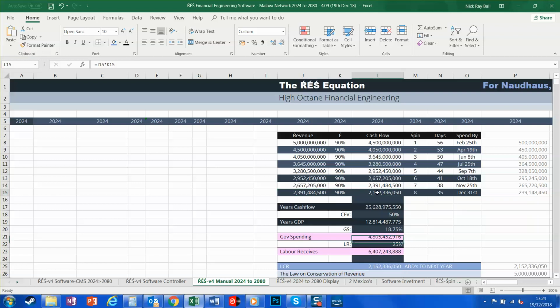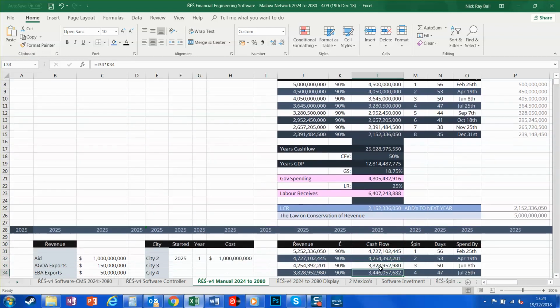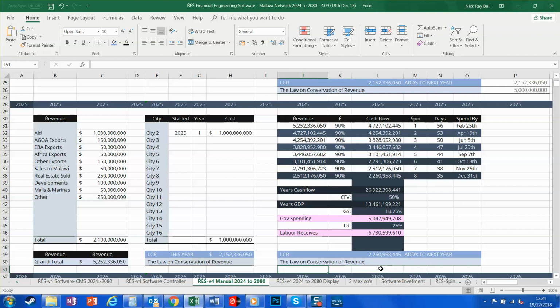This is what's carried over. So here's the 8th spin. Basically, this is the 9th spin, which goes to the following year. So in the same way that this is transferred to here, and this is transferred to here, this is then transferred to here, which we see here.